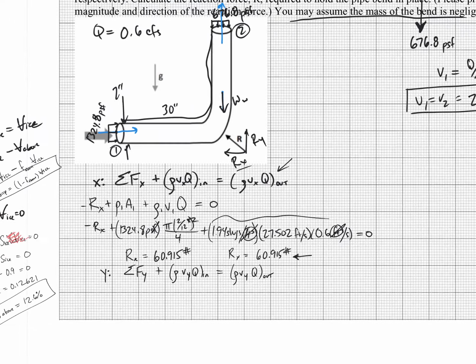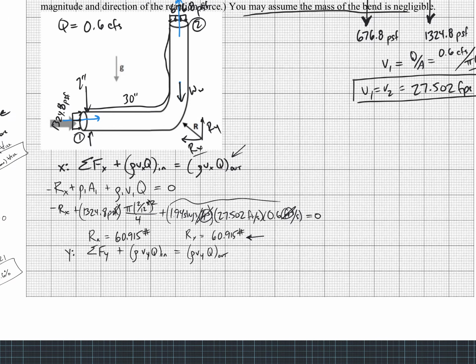We've got that weight we're going to have to deal with, right? So first, let's not forget this Ry, which I drew in as positive. Ry minus the weight of the water minus P2A2. Okay, what else might we have here? I think those are all the forces.